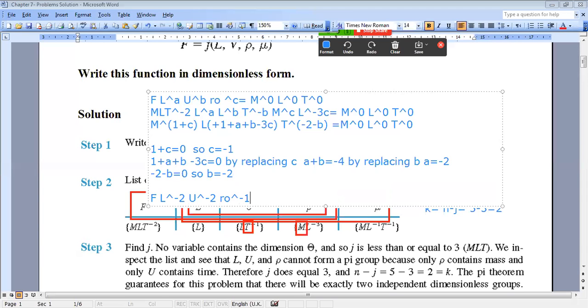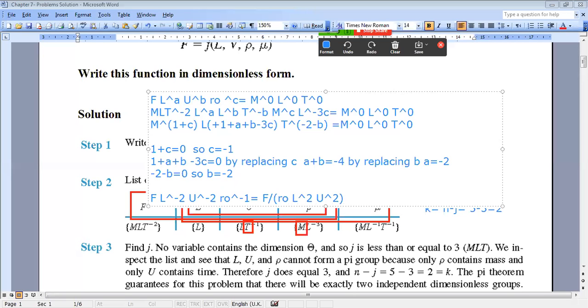So my group is f over rho times l square times u square. This is my first group.